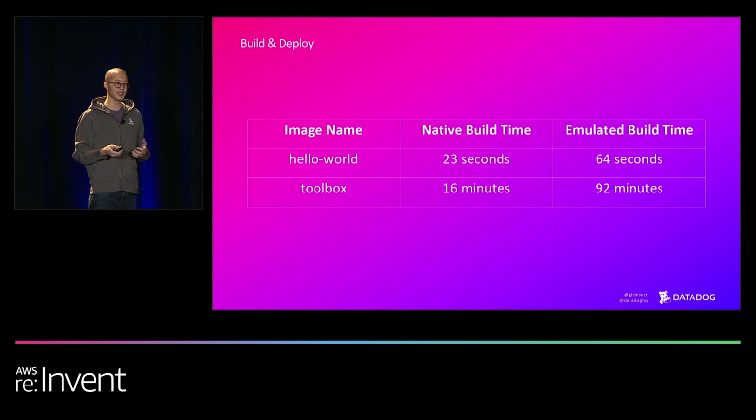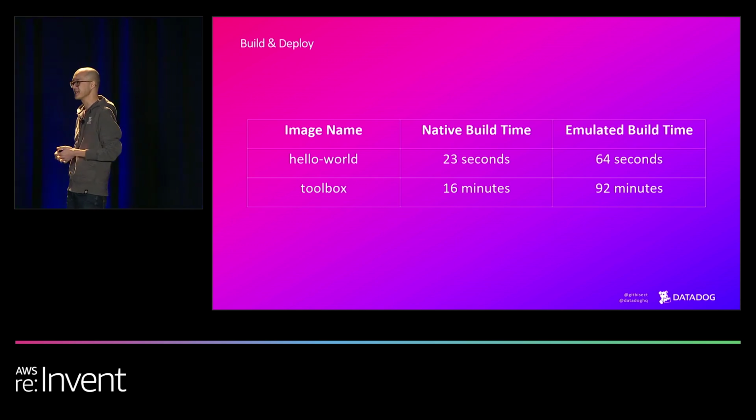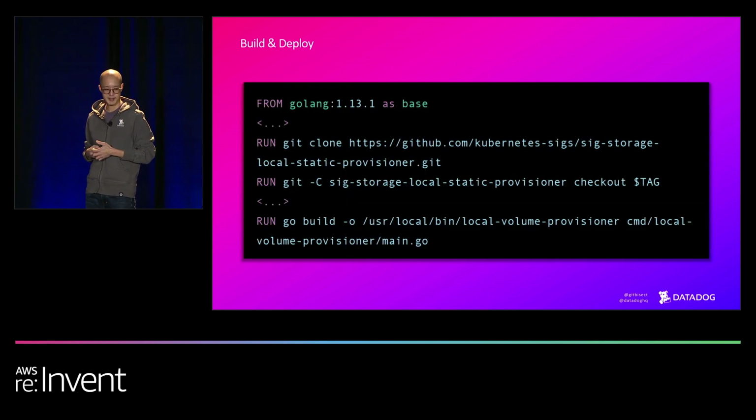So how do we build multi-arch images? It turns out that we actually need to run ARM64 instances to build those images. In that case, you take advantage of ARM, and things actually build pretty quickly. So we started building things, and this is kind of what our Docker image looks like. It's pretty simple for this case.